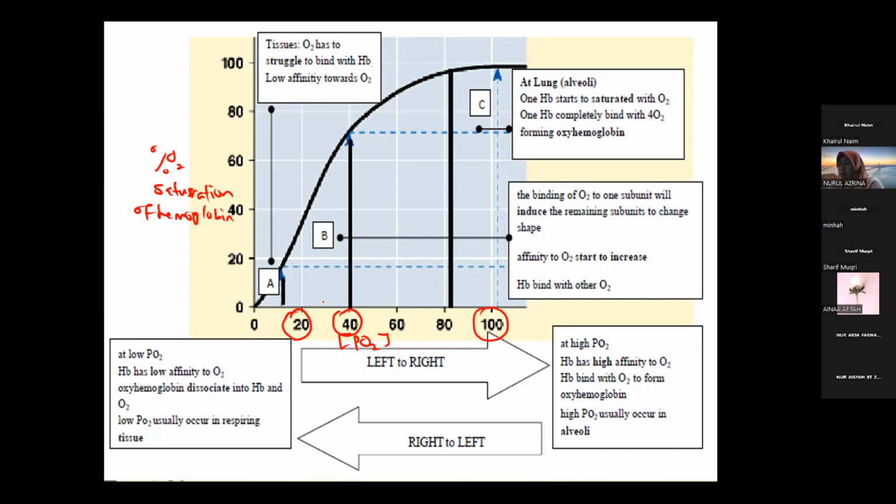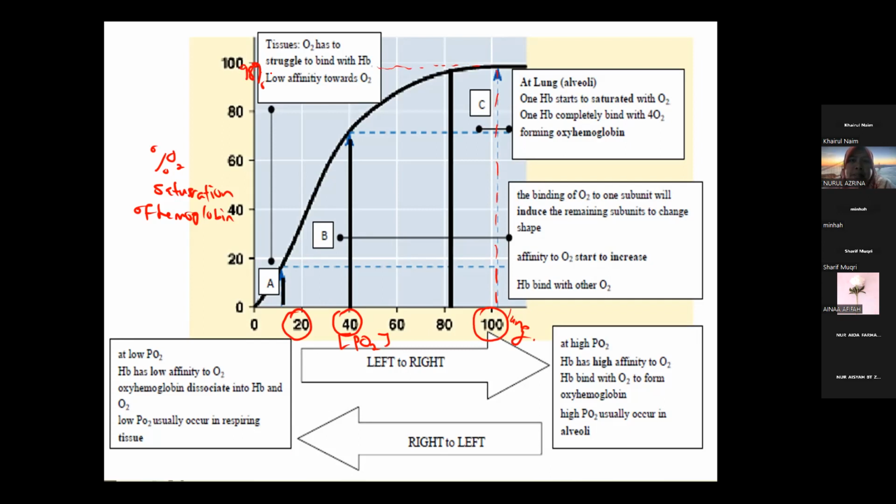The first one is 100, or 104. So this is the partial pressure of oxygen in the lung, specifically in the alveoli. Dalam paru-paru, what you can see here is the oxygen saturation. Ketepuan oksigen ialah pada tahap almost 100%.